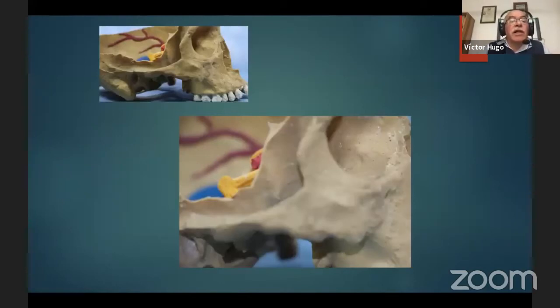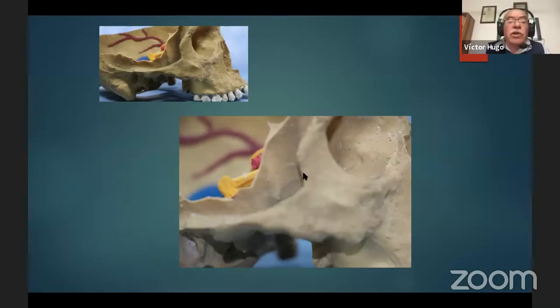This model is only an example that we need a very basal approach in order to see the neural and vascular components of the cranial base.